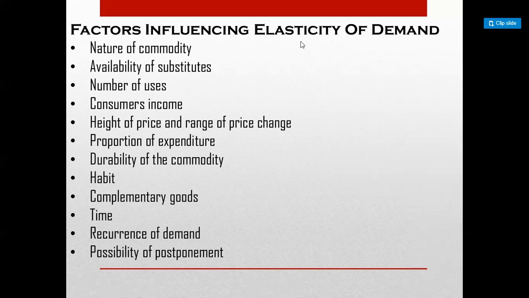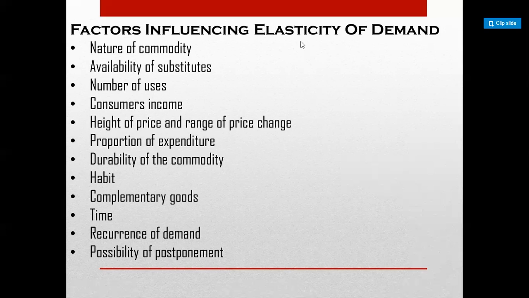Next is consumer income. Elasticity of demand for any commodity is generally less for the higher income group in comparison to people with lower income. It happens because rich people are not influenced much by a change in the price of goods, but poor people are highly affected by an increase or decrease in the price of goods.